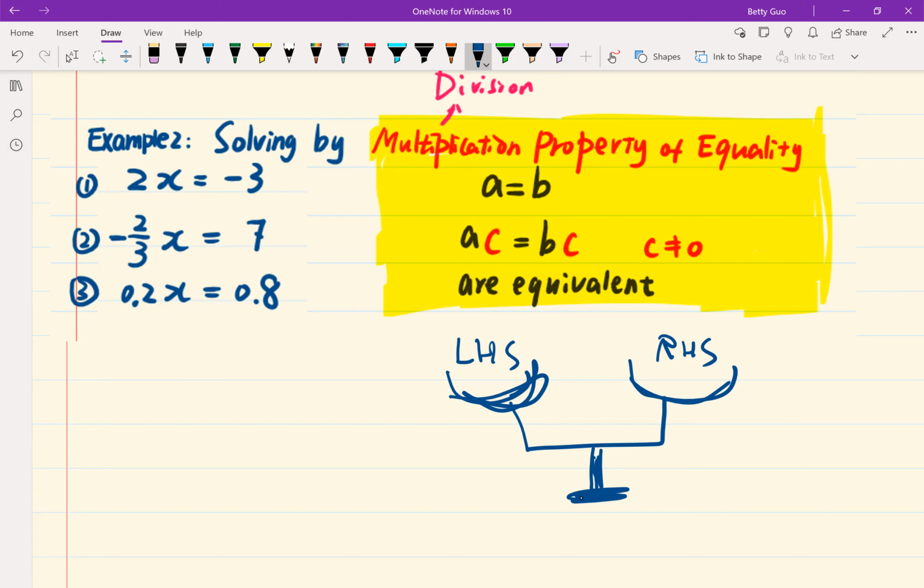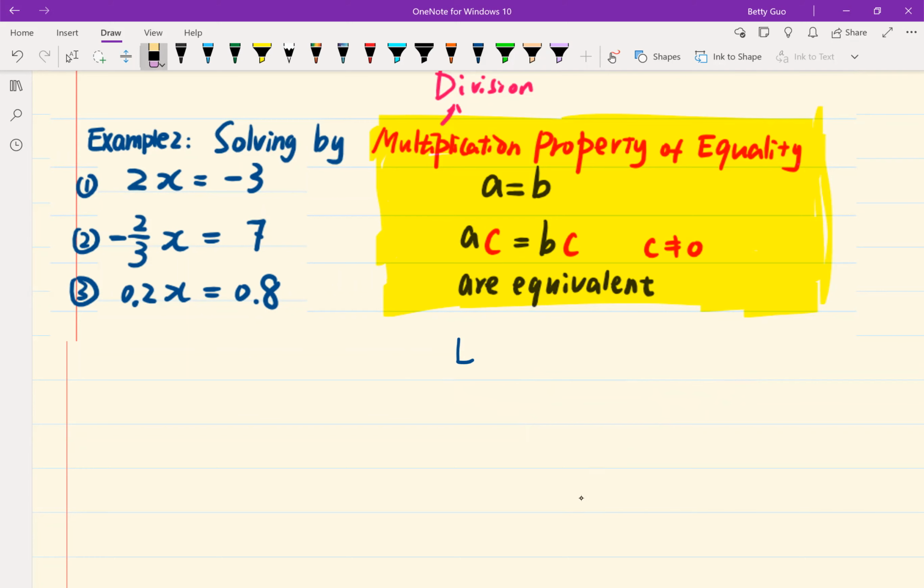So if I multiply both sides by the same non-zero quantity or divide both sides by the same non-zero quantity, the equation still holds. Same treatment, multiply or divide also works. Let's see how we solve those three equations in example 2.